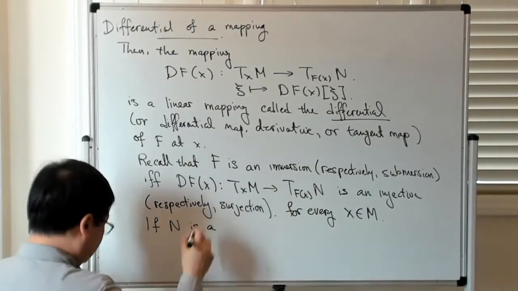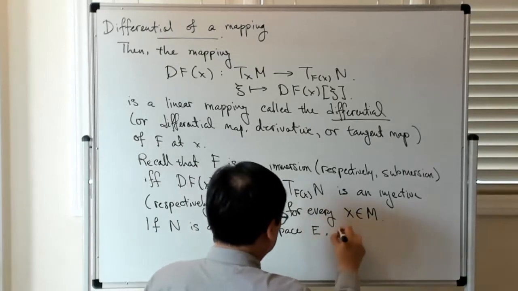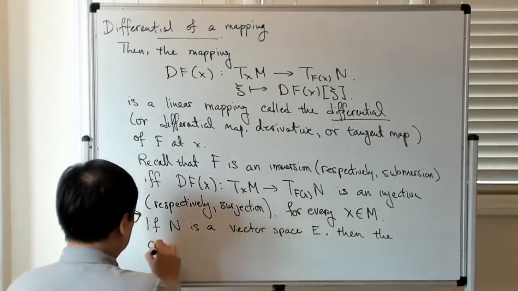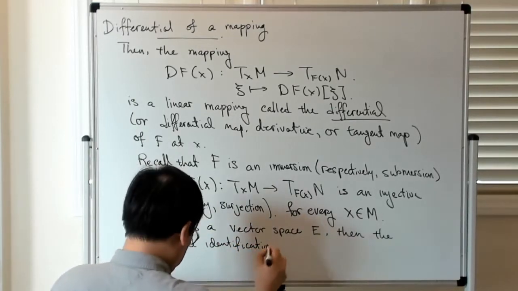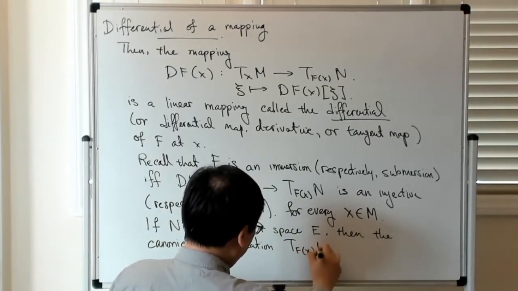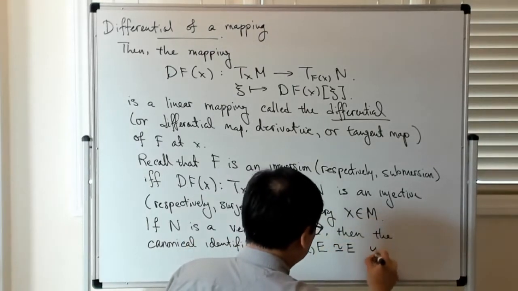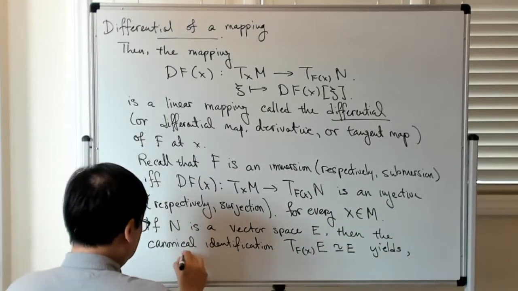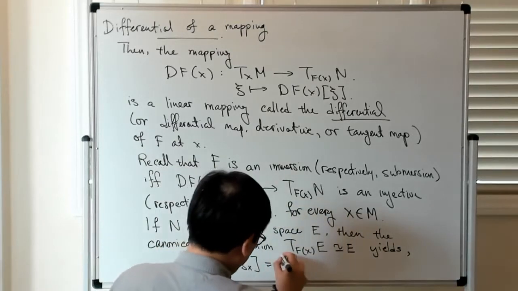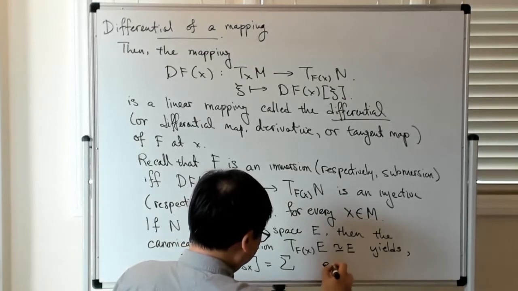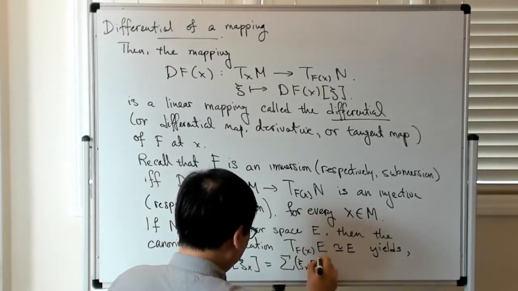If N is a vector space, say E, then the canonical identification between the tangent space at a point and the vector space itself yields the following: df of x applied to a tangent vector is equal to, so I'm going to write this in terms of the basis for the vector space, and that's equal to the vector field acting on the components of the map.